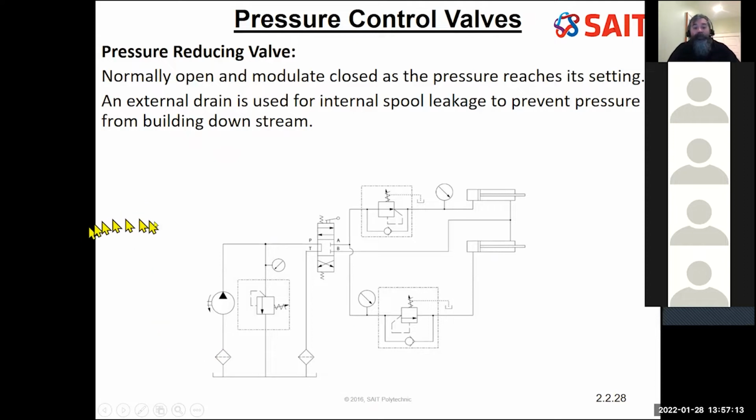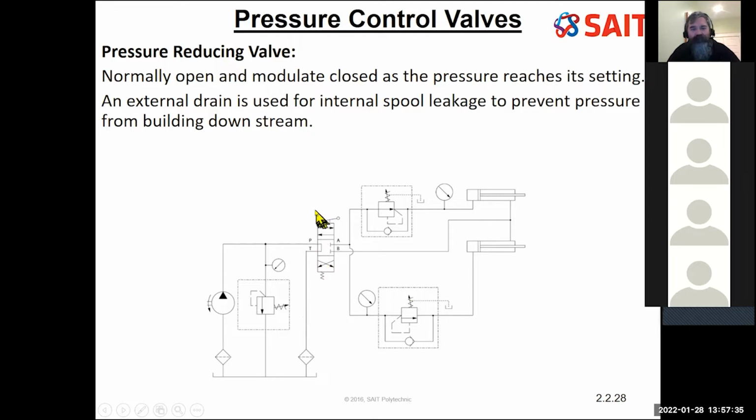A pressure reducing valve. I've got a clamping circuit here. Let's say that the top here is the clamp. It doesn't say it, and the bottom is going to operate a drill or a punch or some other operation. As drawn, all the flow goes back to the tank through this tandem circuit, no pressure builds up.